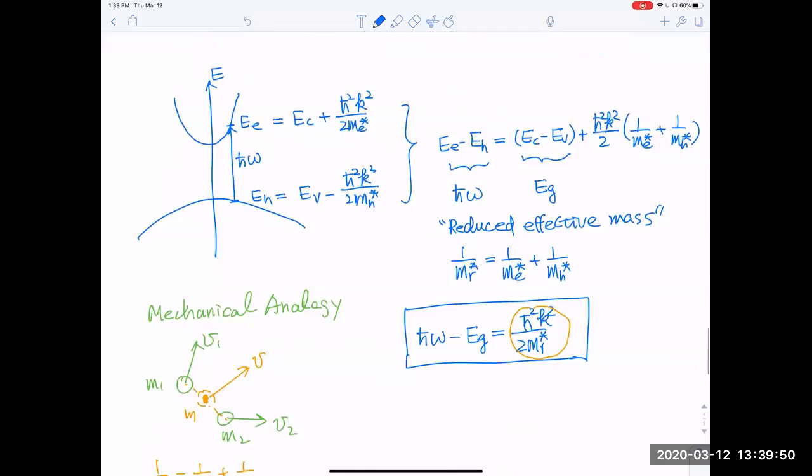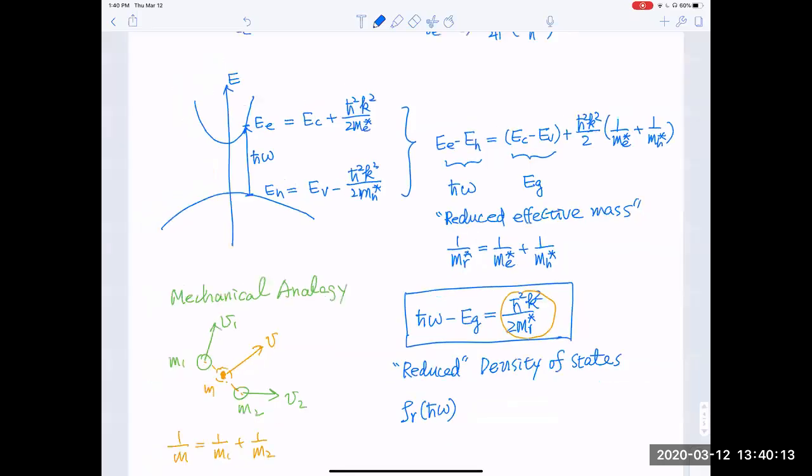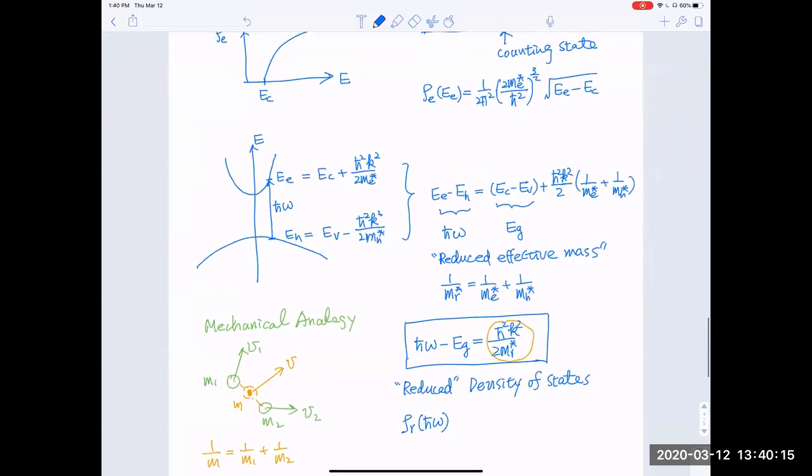This is what we call the reduced density of states, basically rho, and we call this r. It's a function of h bar omega, just like the previous equation, which was a function of electron energy. The electron energy is now replaced by photon energy.